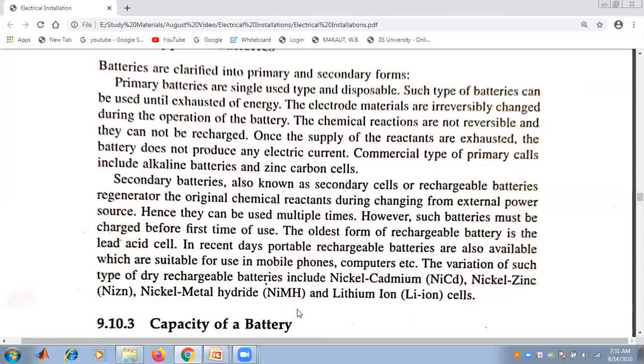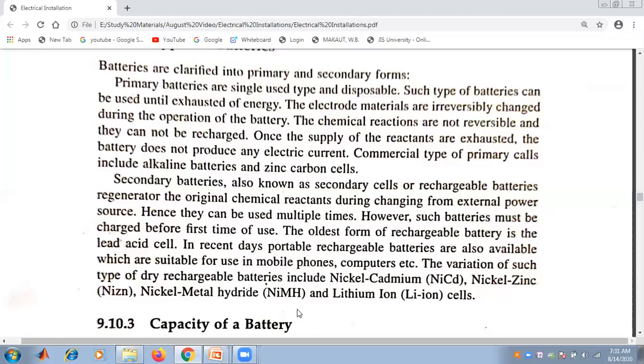The oldest form of rechargeable battery is the lead acid cell. In recent days, portable rechargeable batteries are also available, which are suitable for use in mobile phones, computers and other electric gadgets that we have already seen in our daily life.